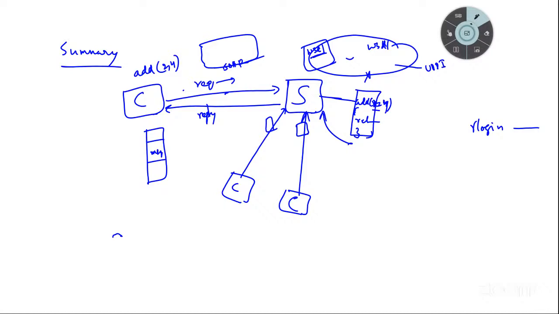I want to go to some village. If the village is not there, can I go there? No. So like that, for a web service also, if the web service is available, we will access that service. Once you access this service, this process will happen. Request, reply, everything will happen.